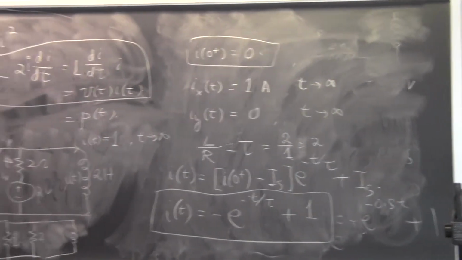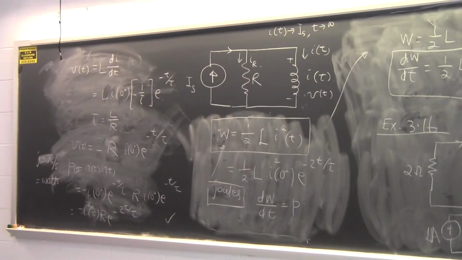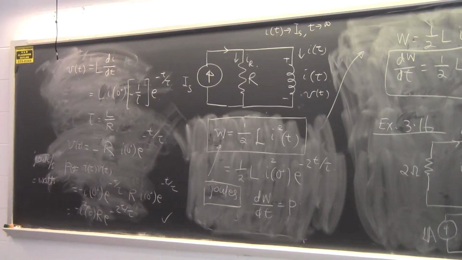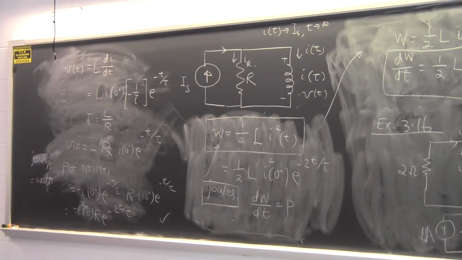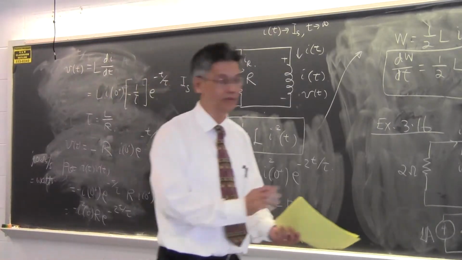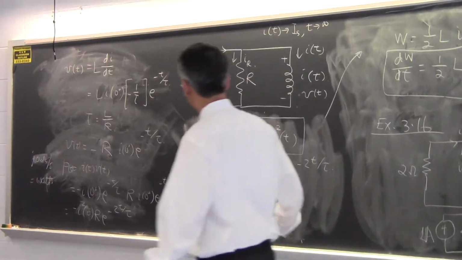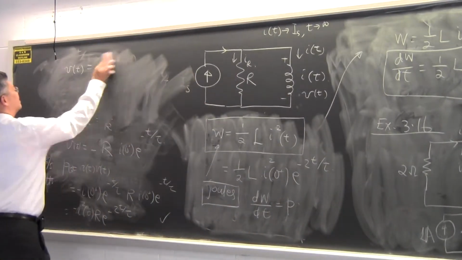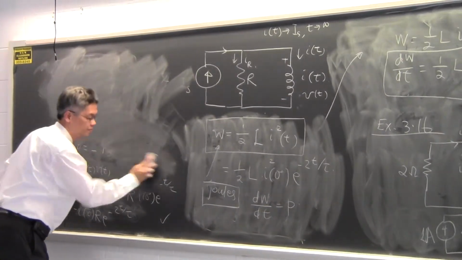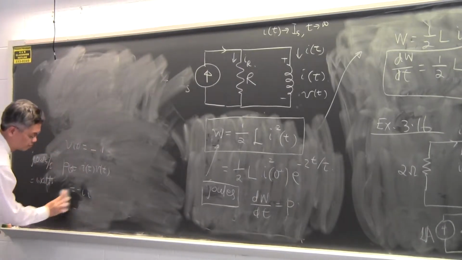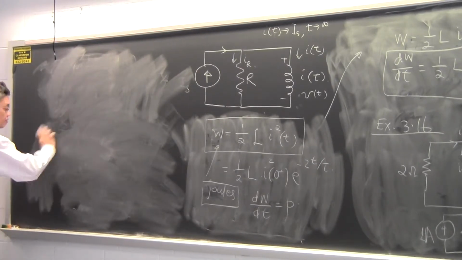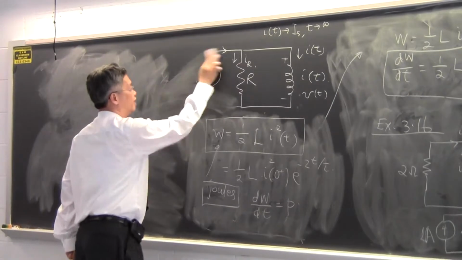So let's see. I have some time left. Let's do example 317. It's a little bit trickier. Okay, example 317. If you have no questions regarding this. I think I can erase this one.